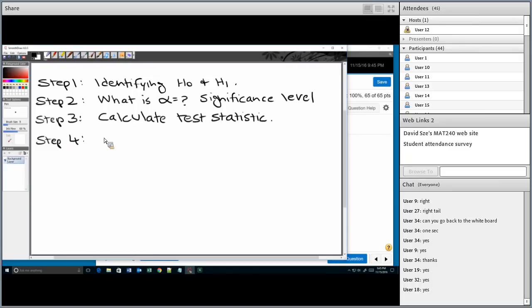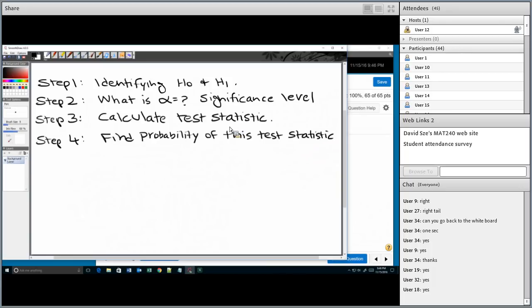Step 4 will be find the probability of this test statistic.